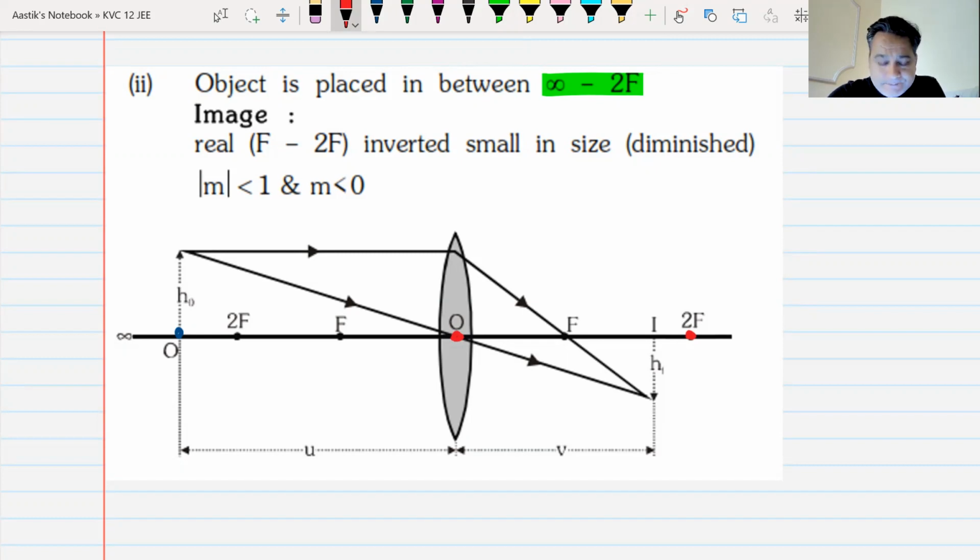Draw the diagram. The object distance, as you can see, is given as u. I hope you have noted it down. The image distance is given as v. I hope you have also noted it down. So note it.